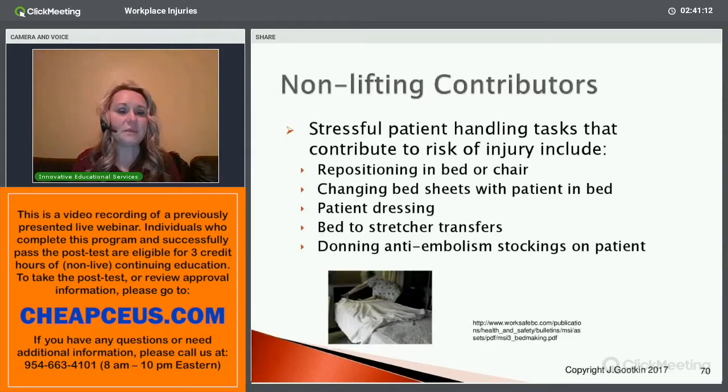Donning and doffing the anti-embolism stockings, the TED hose, if you've ever tried to do that, awkward postures. And again, if we think of the individuals that may be doing some of these things, they are our CNAs, our techs, who are, how much education are they receiving on proper technique? How much follow through do they have? So opportunities we can think of to intervene related to non-lifting also, not just lifting as contributors.